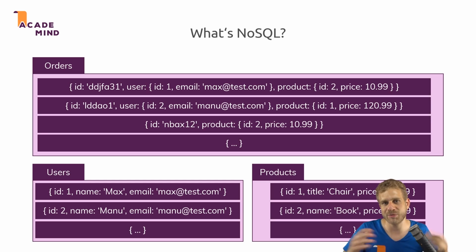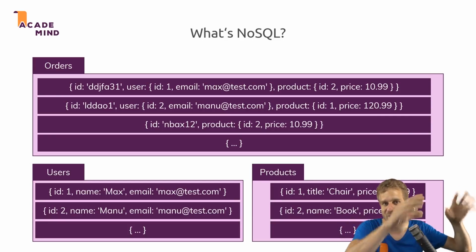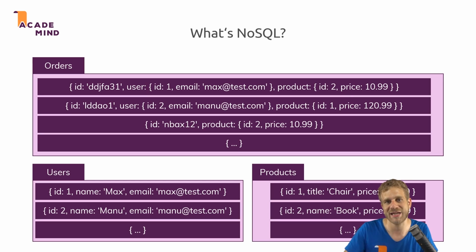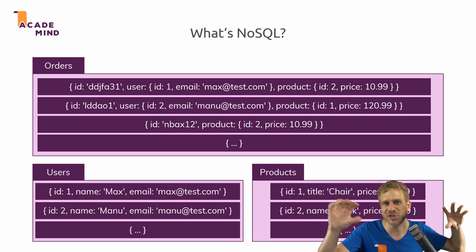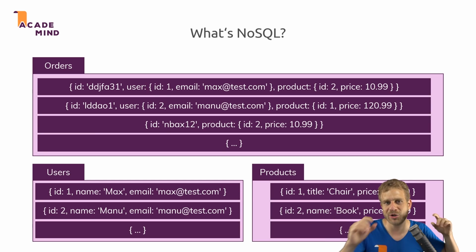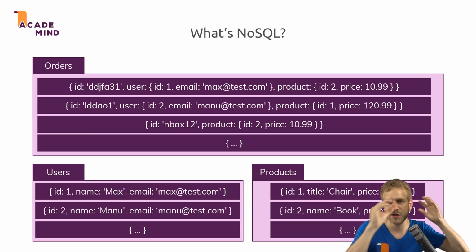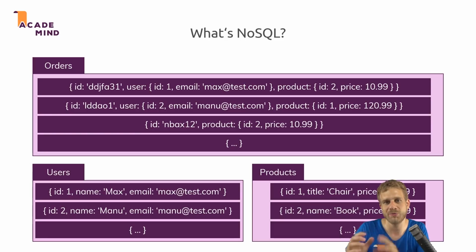So whatever you might need to display on an order page and process internally, you would put into your collection. And therefore, you might still have an extra users collection and an extra products collection with more detailed data, but you don't really need to query that connected data because you got the data you need in each collection, which you might be querying from different points of your application.